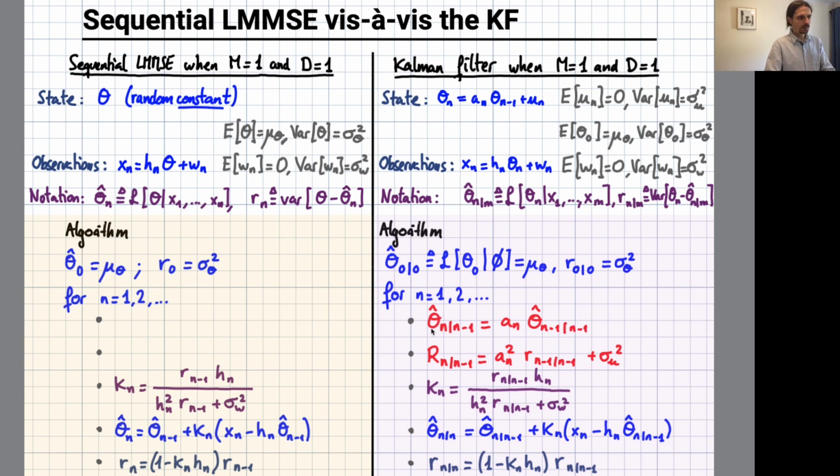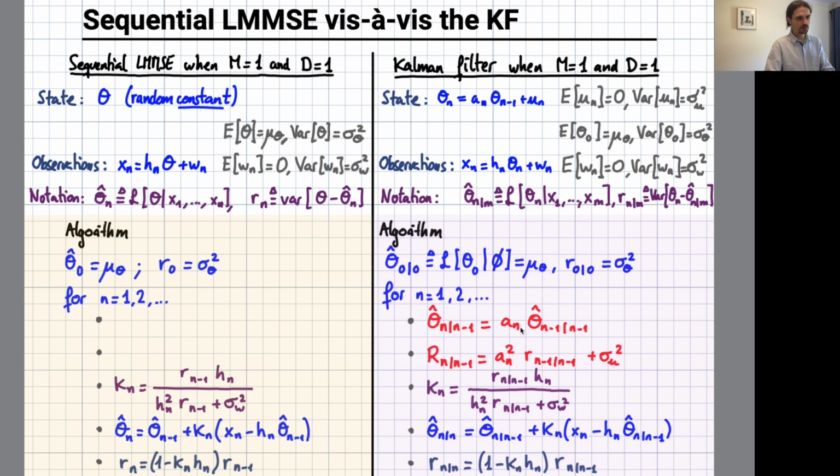Here we can see that if an equals 1, then the prediction is exactly the previous estimate, right? And the error is again the same as the previous error, obviously, because if we don't change the estimate, we cannot change the error. So this is 0 and this is 1. Then we can just plug in the previous estimate wherever it says theta hat n minus 1, here and here.